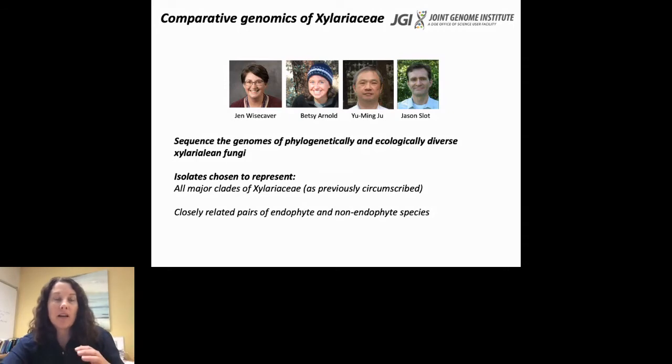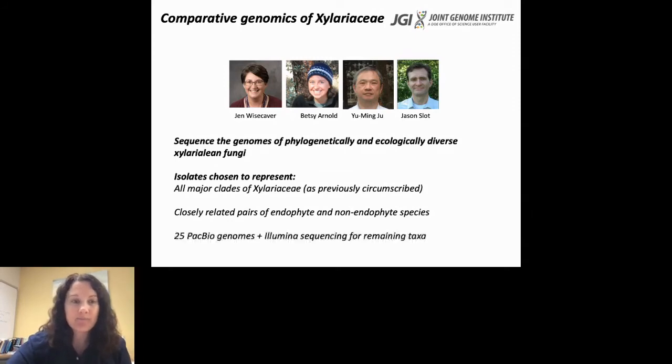Then specifically, we chose closely related pairs of endophytes and non-endophyte species to the best of our ability. In that way, we could minimize the effect of phylogeny when comparing what makes endophytes potentially different from non-endophytes. In total, we sequenced about 25 PacBio genomes, and then we did Illumina sequencing for the remaining taxa.